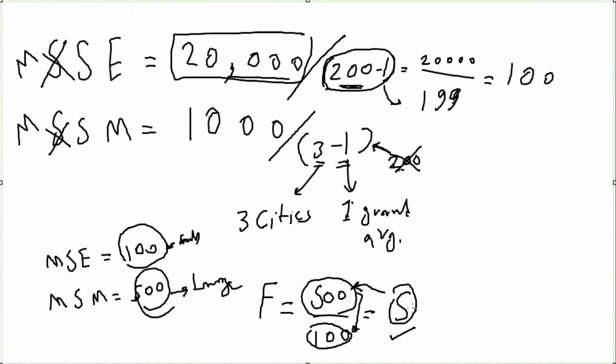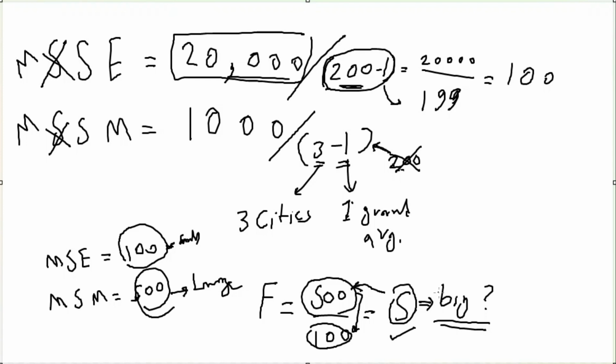So now let's judge. Is this 5 big? Actually, we can't decide. You can't say that it is big or small. It is very subjective to talk about this thing.